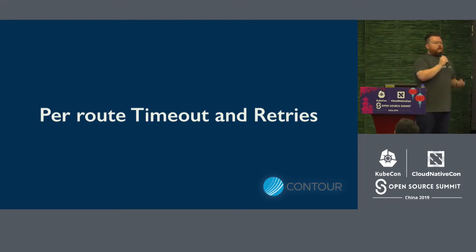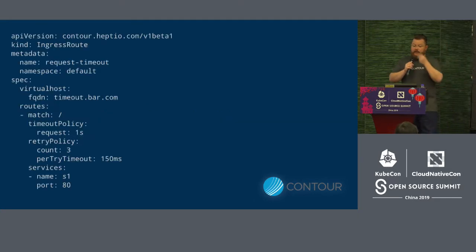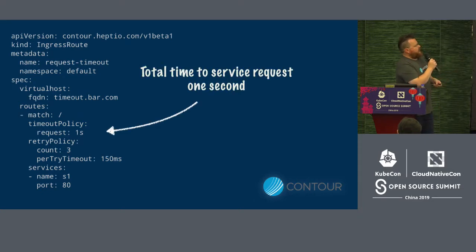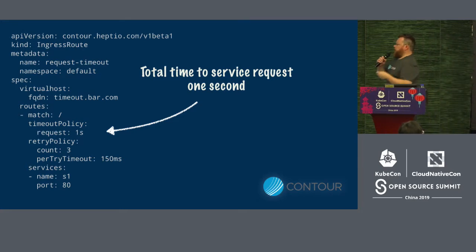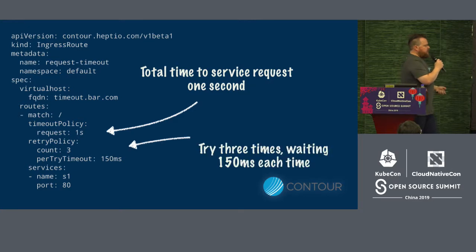Another common feature, which is very commonly stuffed into annotations, are timeouts and retries. So in this example, we have both a timeout policy, which is 1 second from the start to the end of the request. You might want them short, you might want them long, but you certainly usually want to have some kind of timeout so that connections don't stay open indefinitely.